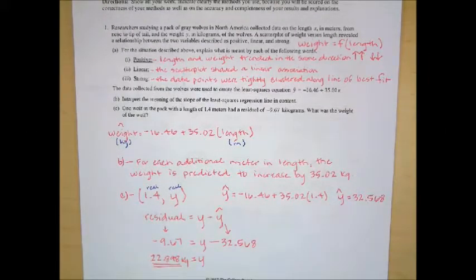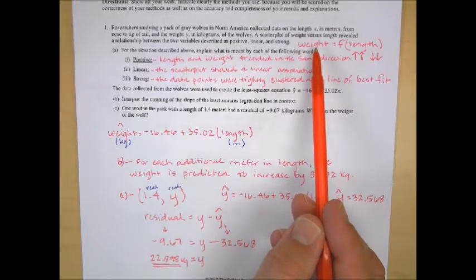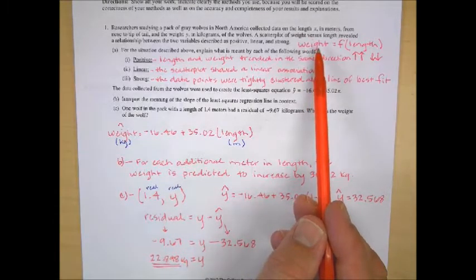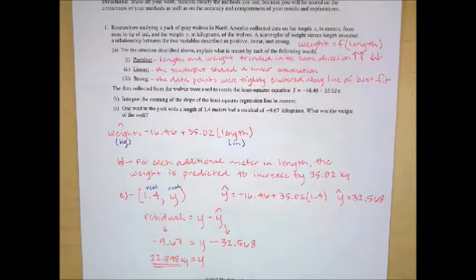On the first problem, it was describing a linear regression, but they really didn't have you do the linear regression. They did it all for you. It was another wolves problem by coincidence, and they were trying to associate the weight of the wolf as a function of its length or its size, but they specifically said length.